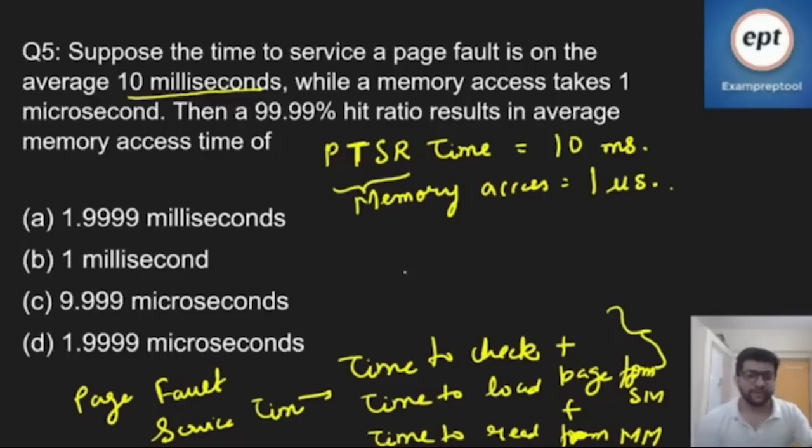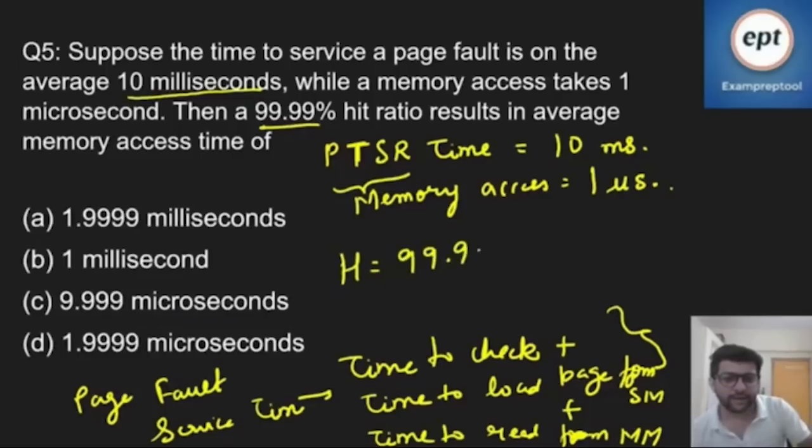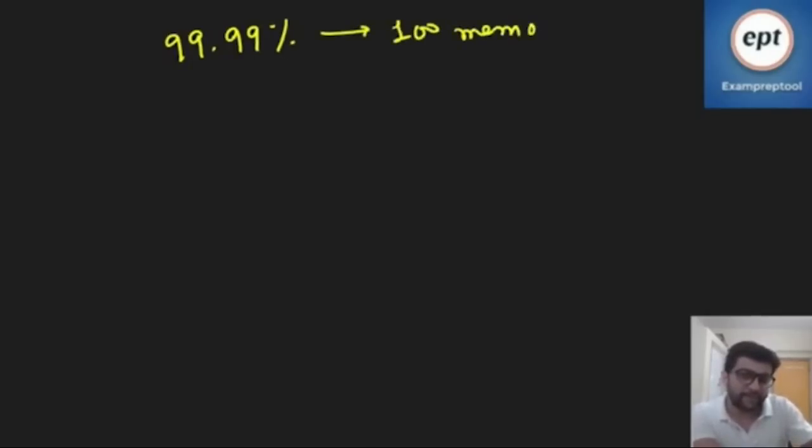So we have been given that the hit ratio is 99.99%. For this type of question, you don't need to remember any formula, right? Let's say the hit ratio is 99.99% and we have 100 memory accesses.